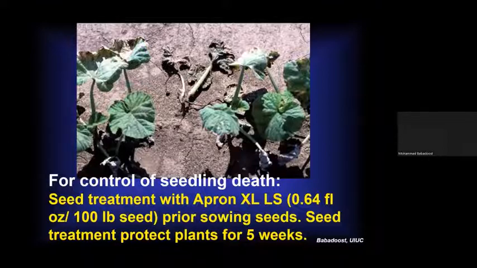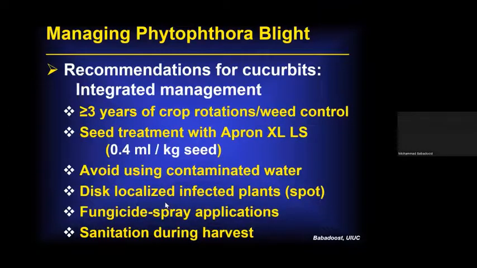This is great. When you do this, you protect your plant for 5 weeks, not beyond 5 weeks. Prior to the seed treatment, we had total losses of the seedlings in the field, in pumpkin and squash. Ever since we're using this, almost nothing. Perfect. Then we go to disc.